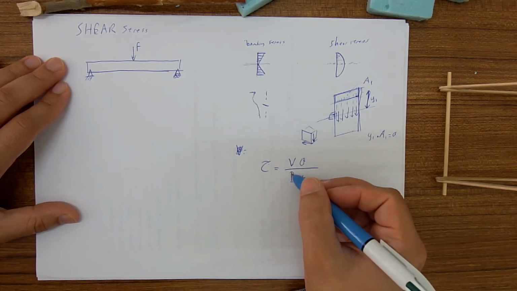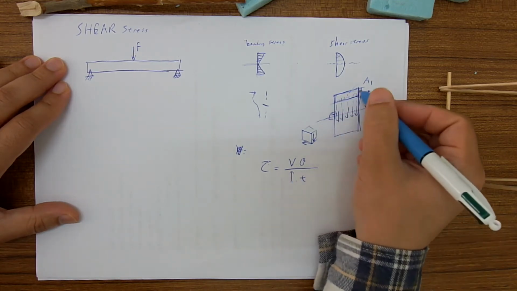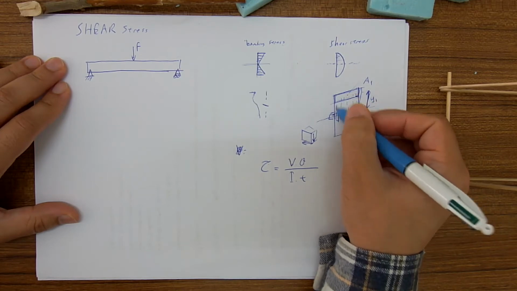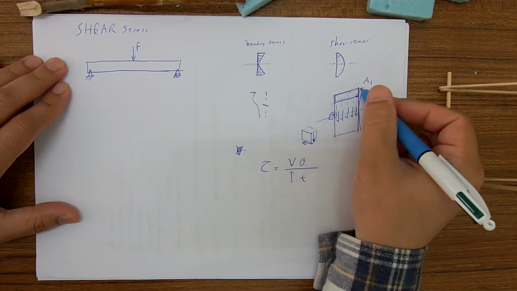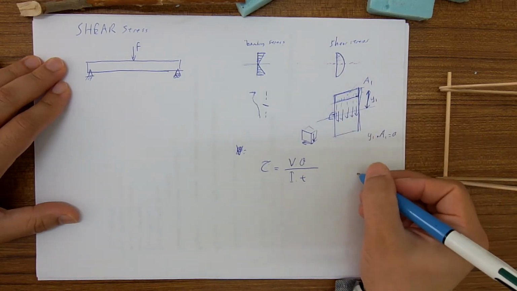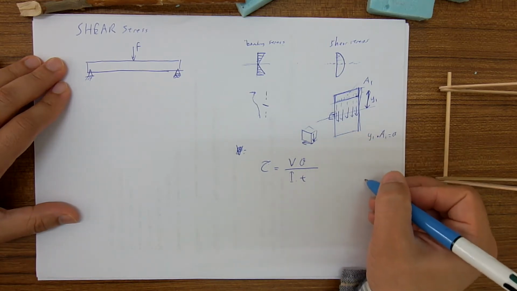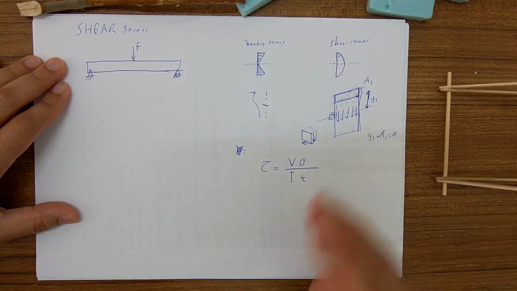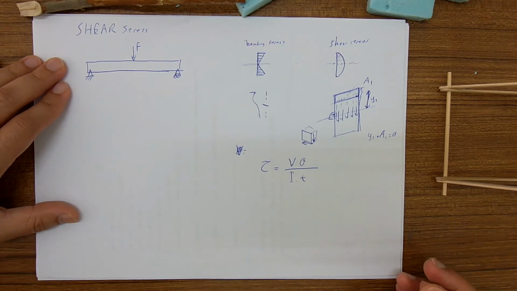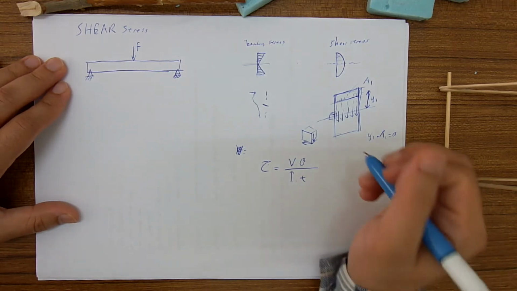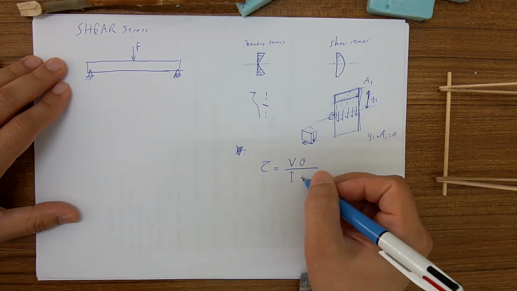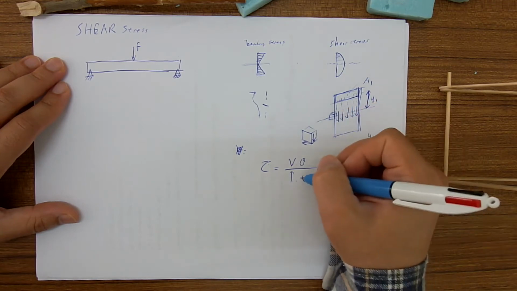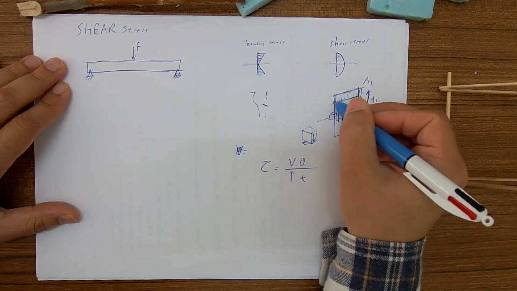I is the area moment of inertia of the cross section. The I belongs to this cross section, and you remember that it is BH cubed over 12 plus A times D squared. T is the thickness of the line that you plot here.